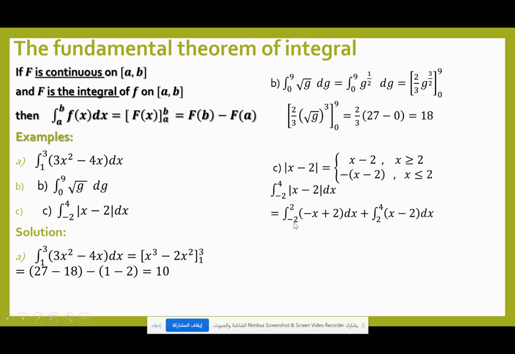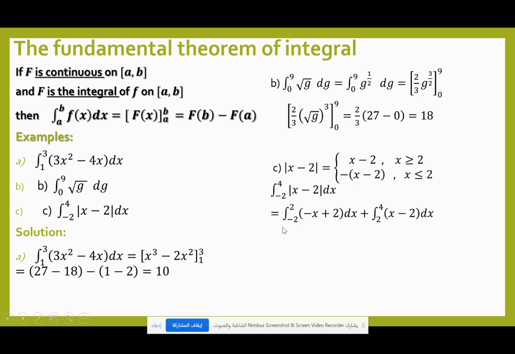But here, in this example, I have to distribute it because I have a 2 in the middle with two different functions. Once it is bigger than 2, it is something different than when it is smaller than 2. So you are supposed to distribute it.